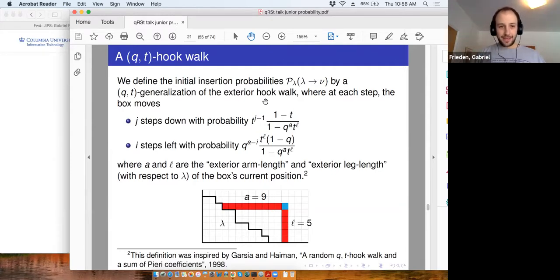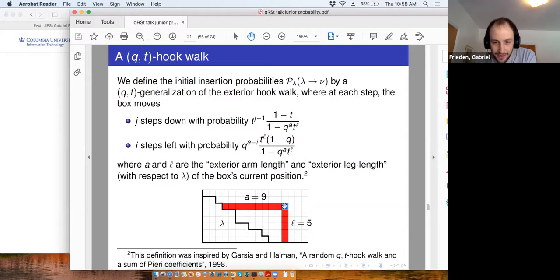And it turns out that what we want to do is a qt generalization of the hook walk. It's the same idea as the original hook walk, where you start with a box that's beyond the rightmost column and above the topmost row.